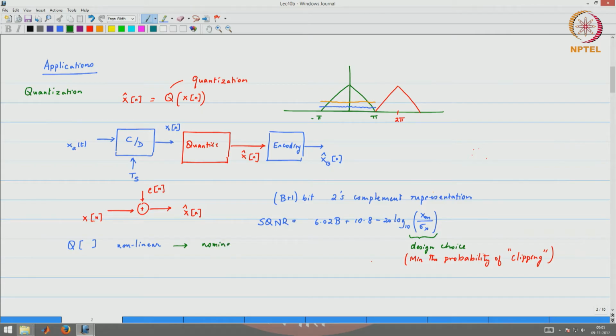That means you are not in the clipping zone. We have made it into an additive impairment. So, basically it is something that we can analyze. The properties of linearity, superposition, all of those would hold. So, in the nominal operating range, we have modeled it as an additive impairment.